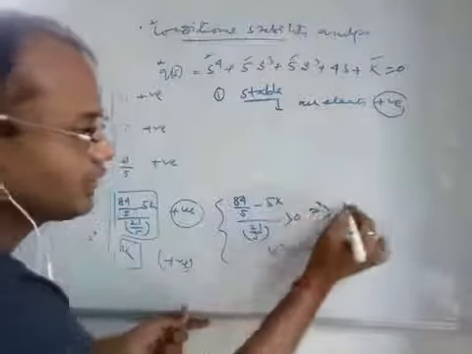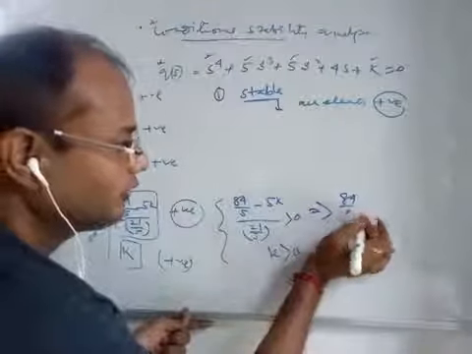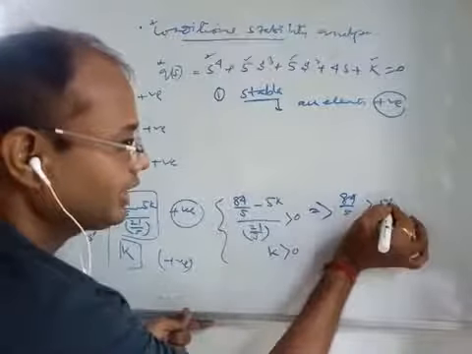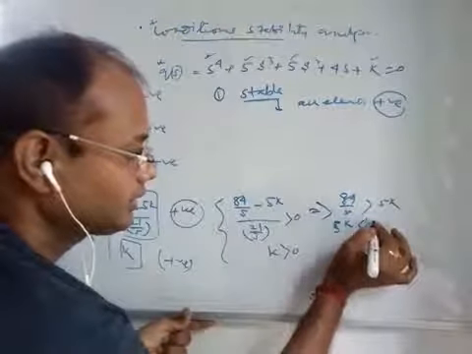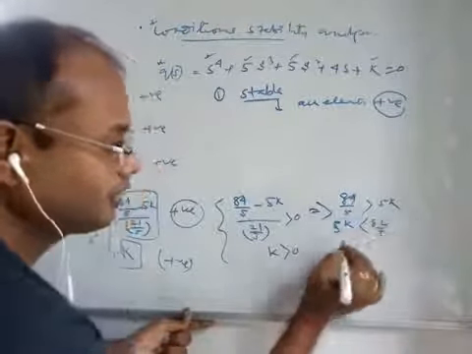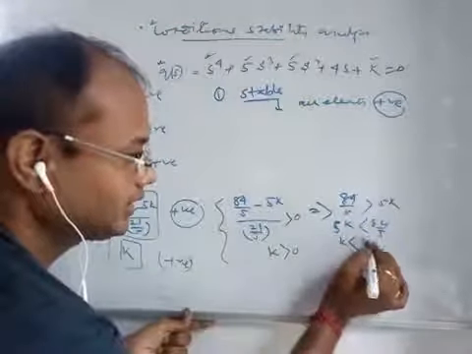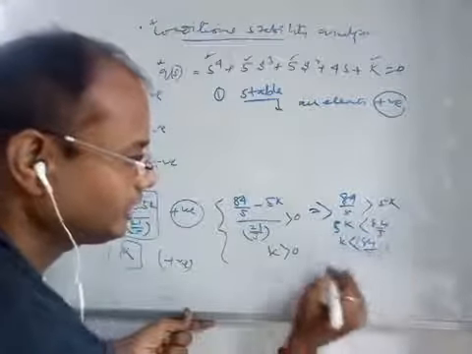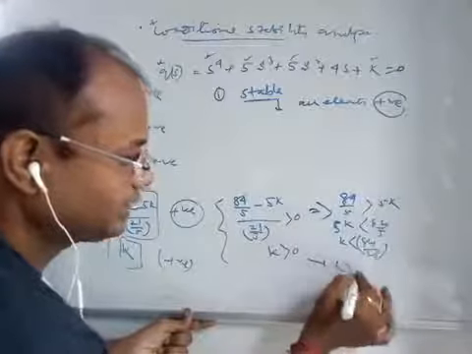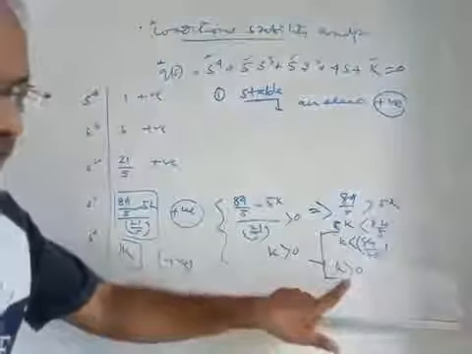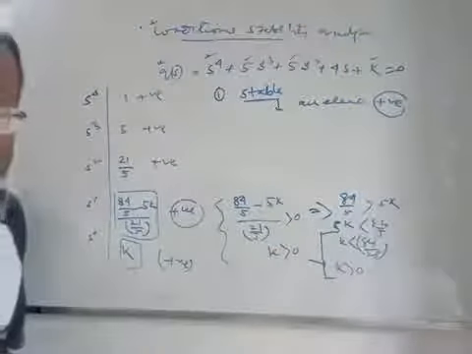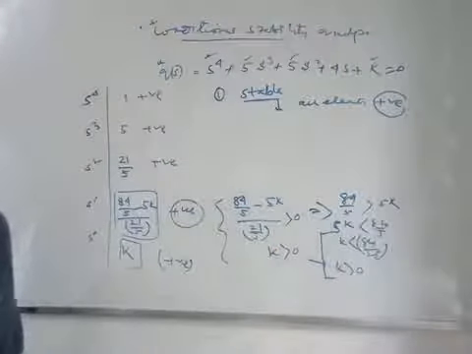From here what will we get? 84 by 5 greater than 5k. That means 5k is less than 84 by 5, or k is less than 84 by 25, and k greater than 0. So the range of k: k must be greater than 0 and less than 84 by 25, right?